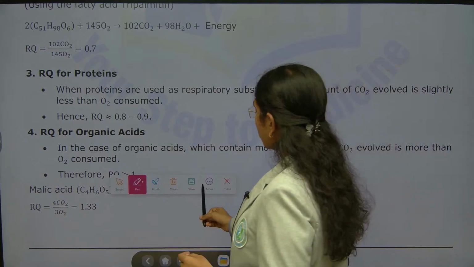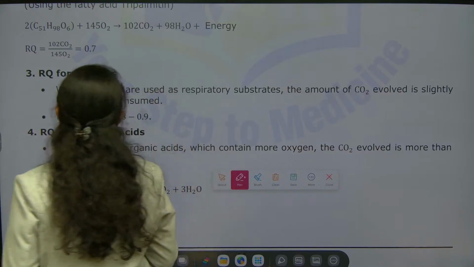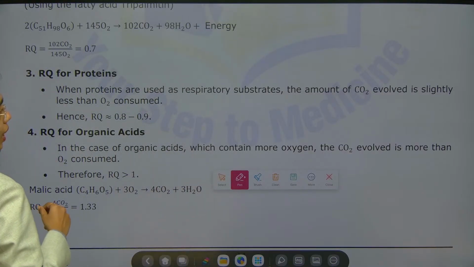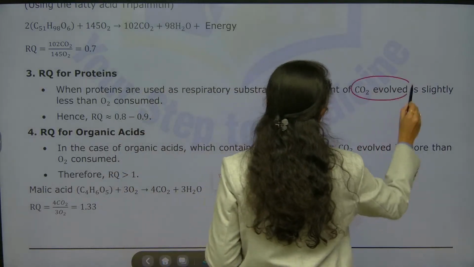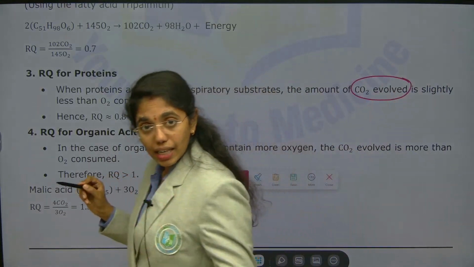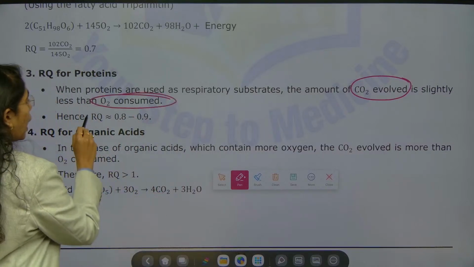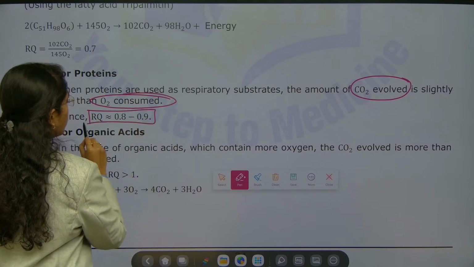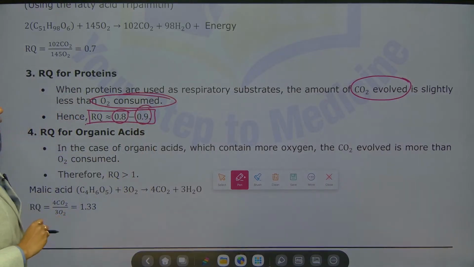Here we go with RQ value of proteins. When proteins are used as respiratory substrates, the amount of carbon dioxide evolved is slightly less than that of oxygen consumed. Hence, RQ value will be equal to 0.8 to 0.9. Now, RQ value of organic acids.